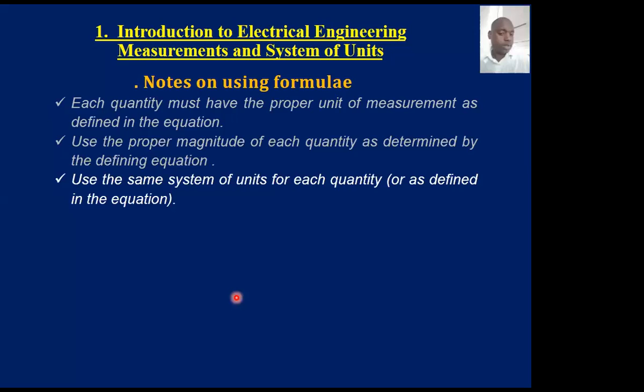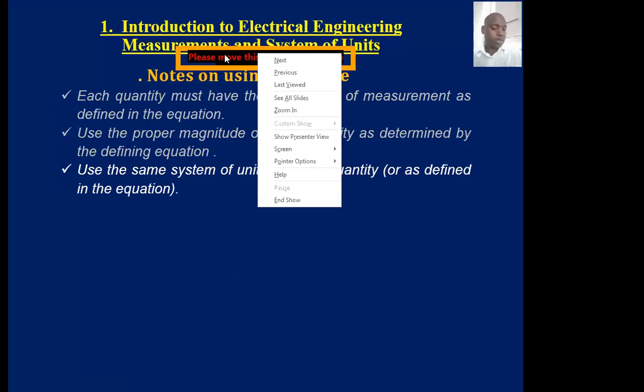So again, that is determined by the defining equation. Meaning to say, if the defining equation is not in the standard international units, then you should put in a factor which shows that you are now using the SI units in your equation, right?